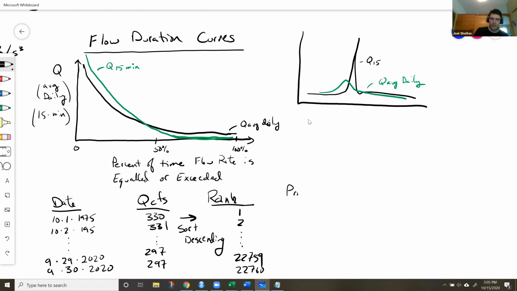And then we do our probability of exceedance, which is the Weibull plotting position formula. And that is our rank, which is M, over N plus 1. And N is going to be equal to the total number of data we have in the record. And so how do we interpret this?